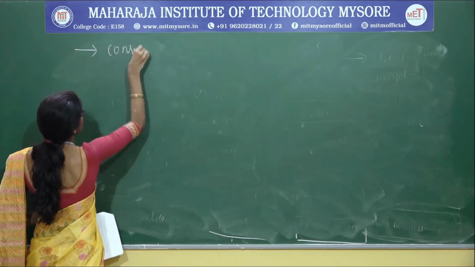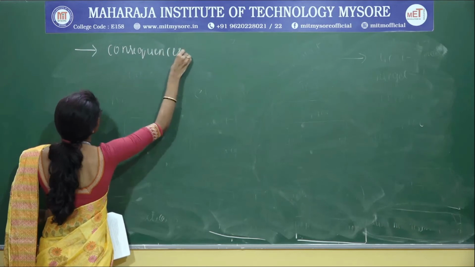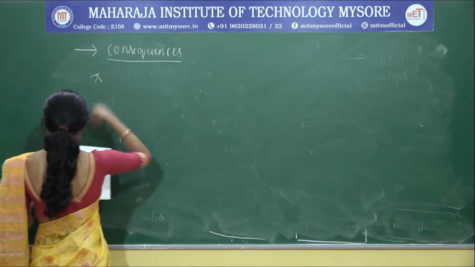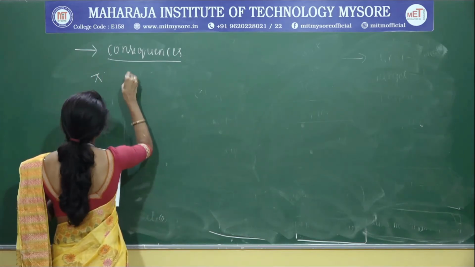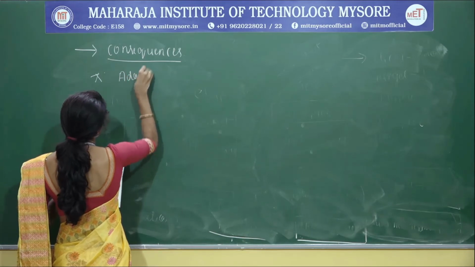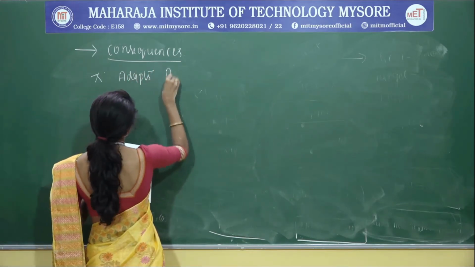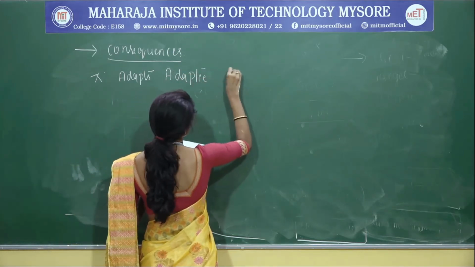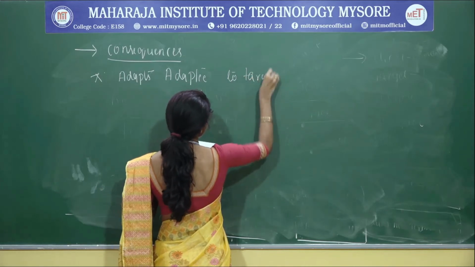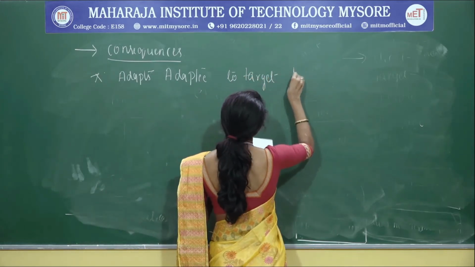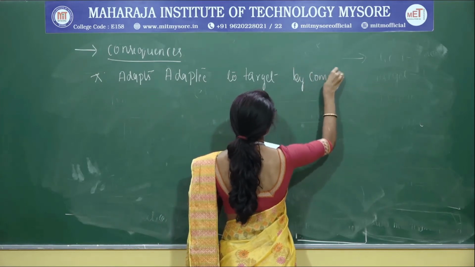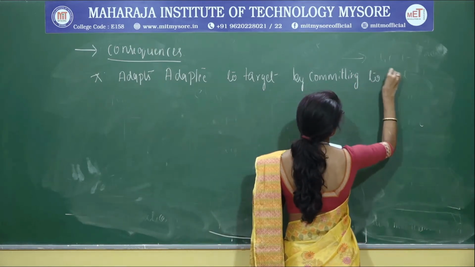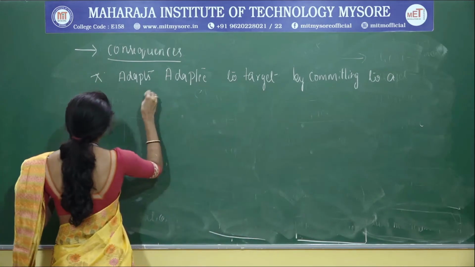Next section is consequences. We will see a few of the consequences that can arise. Adapts the adaptee to target by committing to a concrete adaptee class.